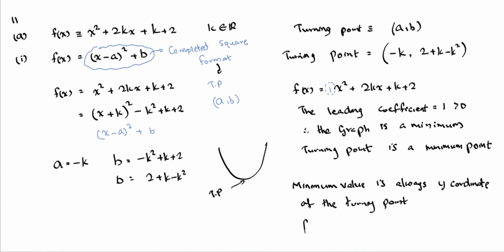So in this case, f(x), the minimum value is what? This part here. That will be 2 plus k minus k squared. That part is also done very easily.